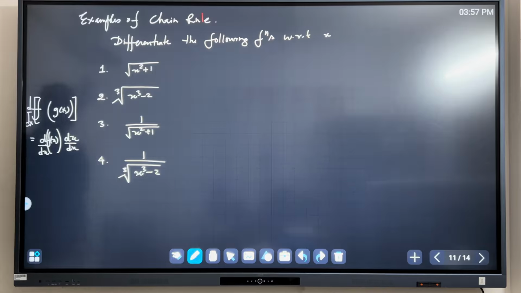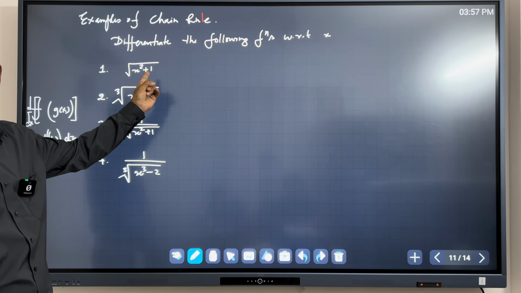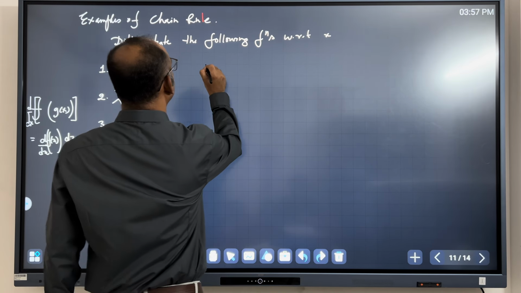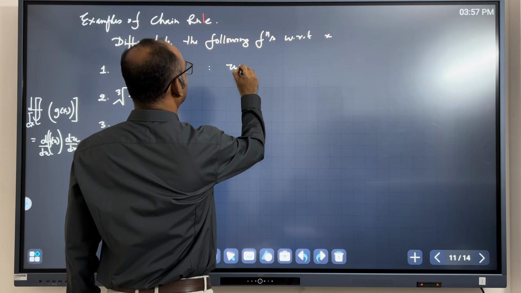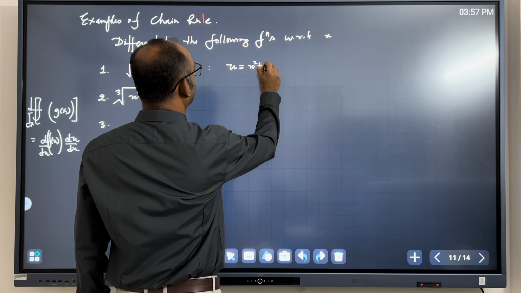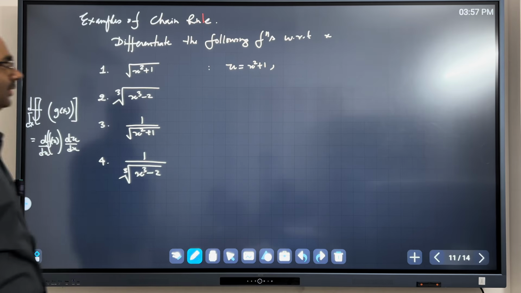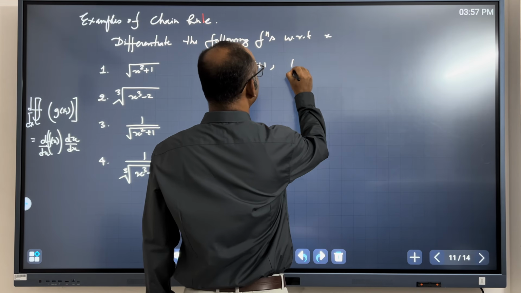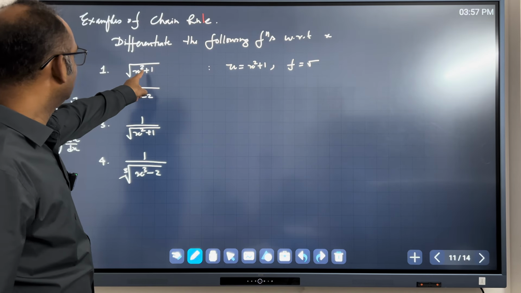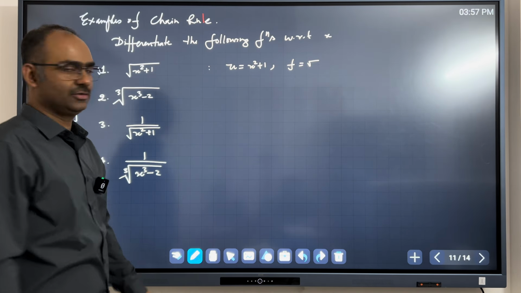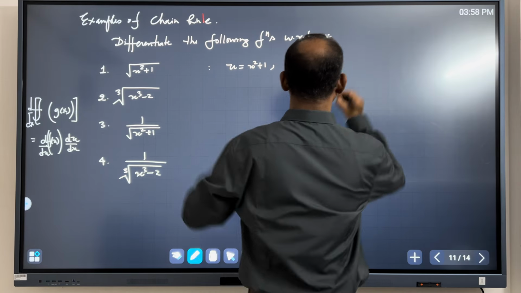Correct? So what do you want to take as u here? x square plus 1. Okay, good. So we'll take u to be that. And what is f? f is the square root, right? So it's better to write this one first as x square plus 1 to the half, right?